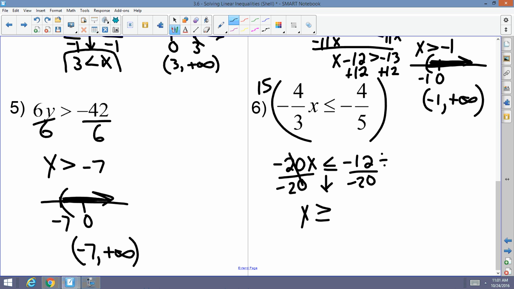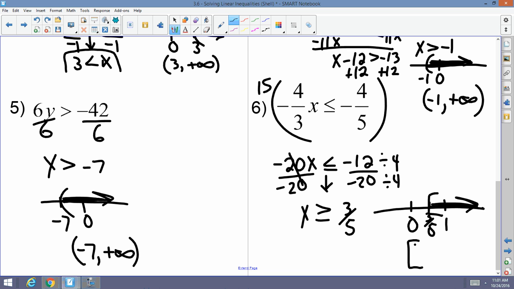And here, I can take away a 4. So it's going to be positive 3/5. My graph, here's 0, here's 1. 3/5 is about here. Bracket, because it's greater than or equal to, shaded to the right. Smallest value is bracket 3/5, comma, positive infinity.